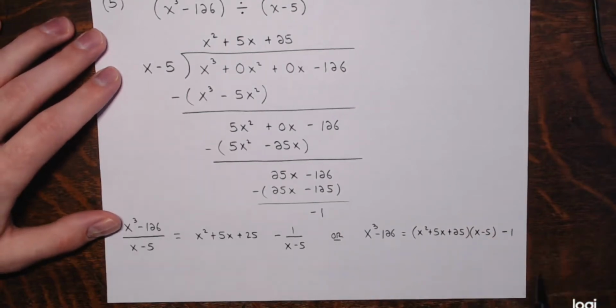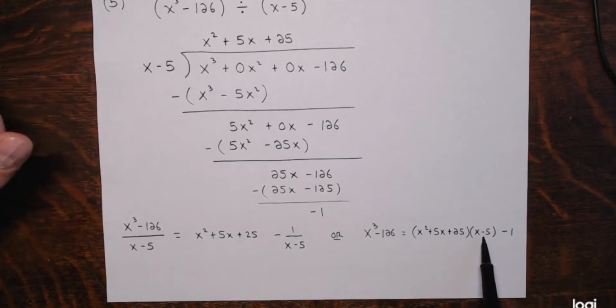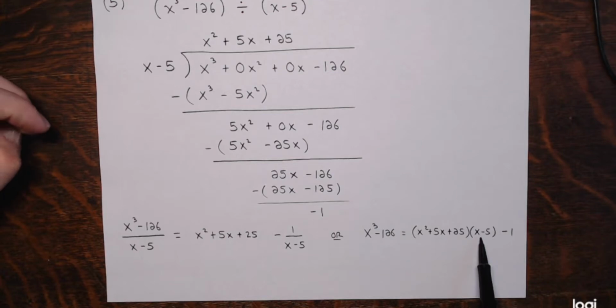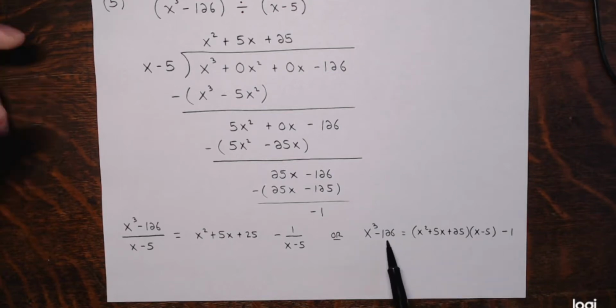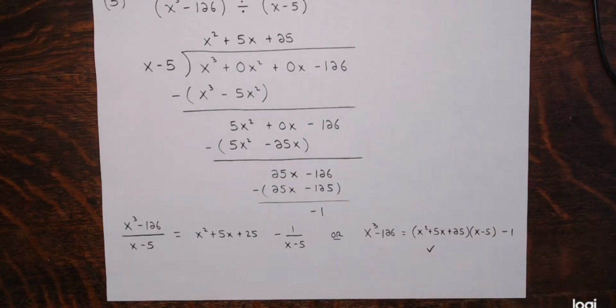And this is true because when you multiply the quotient and divisor, you'd end up with x cubed minus 125, and then you'd have minus 1 for the minus 126. So this checks out. The quotient and remainder I got are good.